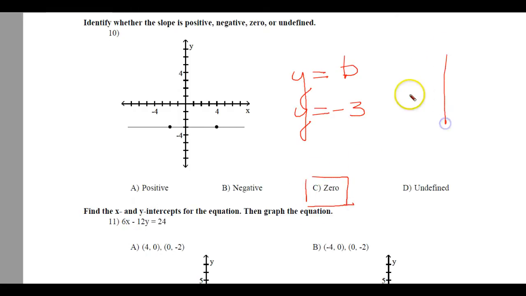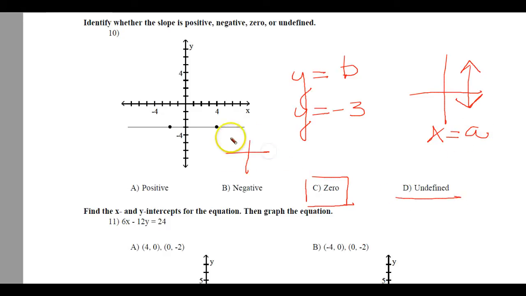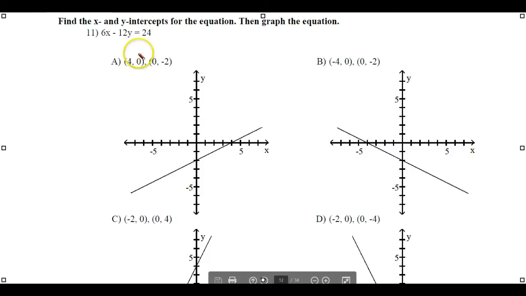Now the slope of a vertical line, which is x equals a, is undefined. And then the slope of a negative line looks like so. And the slope of a positive slope is like so. A little background.